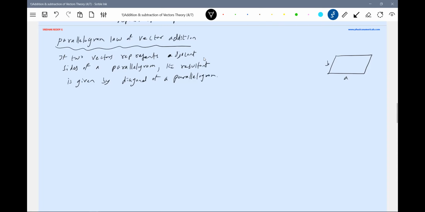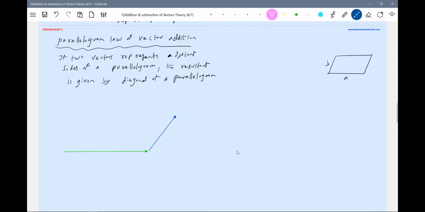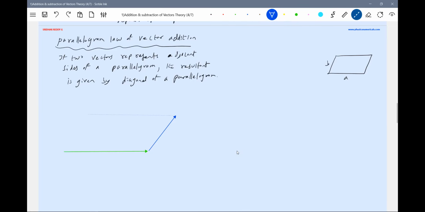Okay, let's start. There's a vector A bar, then next we have a vector B bar. Are you seeing any parallelogram? Yes, very much, definitely. The line is not visible, okay, I'll change it. Okay, this will be visible now.